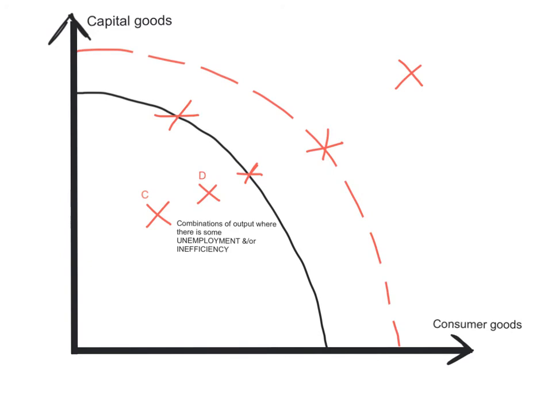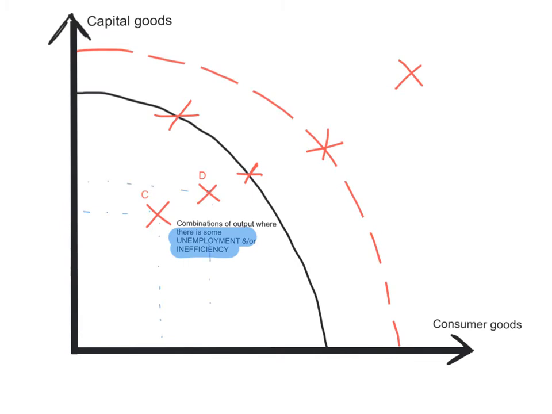So what about points that are under the curve or within the PPC? Well, the assumption is points under the curve represent combinations of output where there is some unemployment and inefficiency. When the economy is producing within its production possibilities curve, it is possible for production of both goods to increase without there being an opportunity cost.